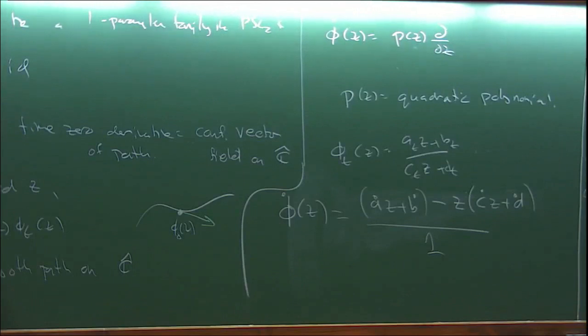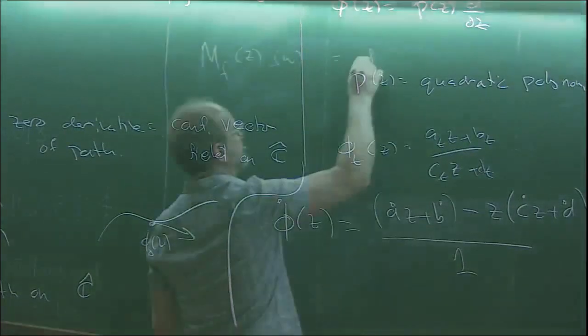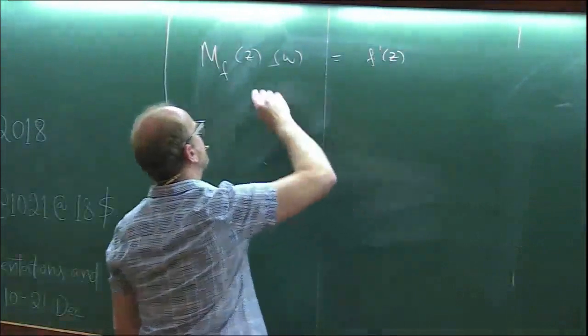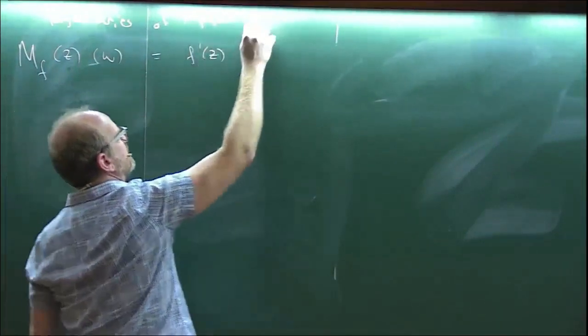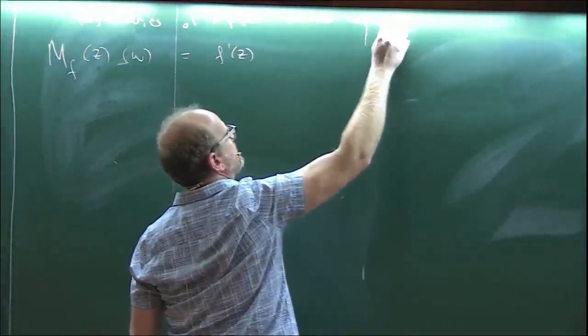So this is some Mobius transformation, and I know what its two-jet looks like. Its first two derivatives. So what does this look like? This is just f prime of z. So I'm going to write the Taylor series of M of z centered at the point z.